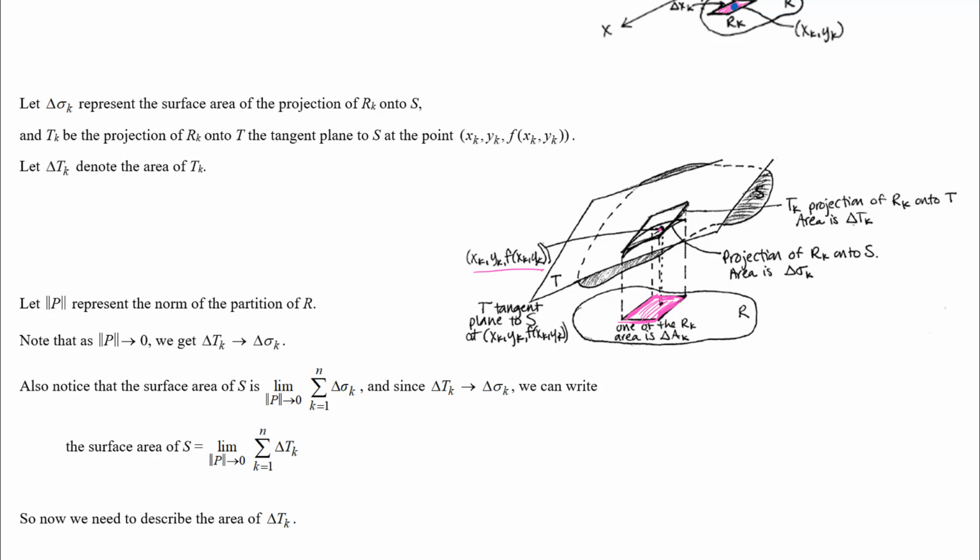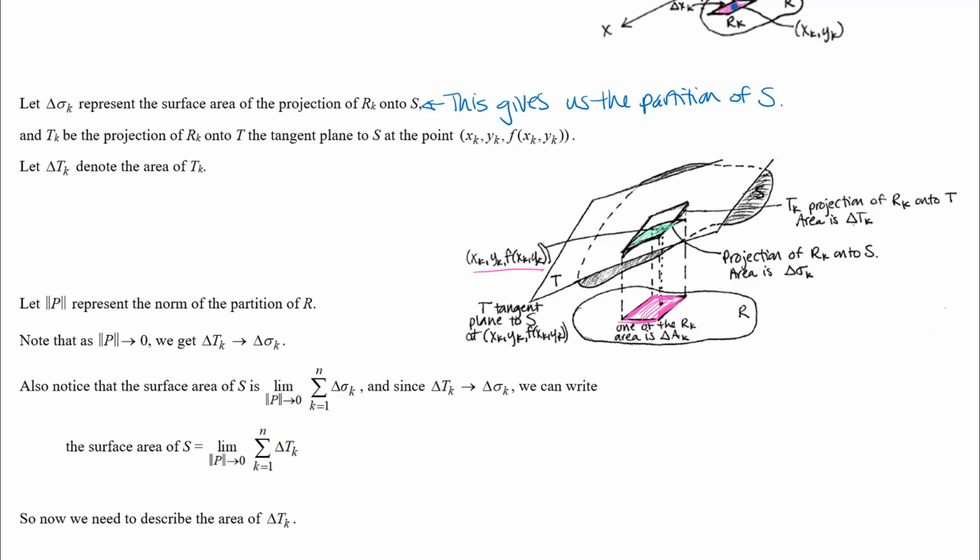And so then I will get this little curved piece on my surface here. That's the projection of that R sub k onto the surface S. In essence, that induces this partition of S, and we've got points chosen in each of those little pieces of that partition. Again, those points really came from my rectangle down in the xy plane, but when I projected that up, I got an xyz coordinate that would be on our surface.